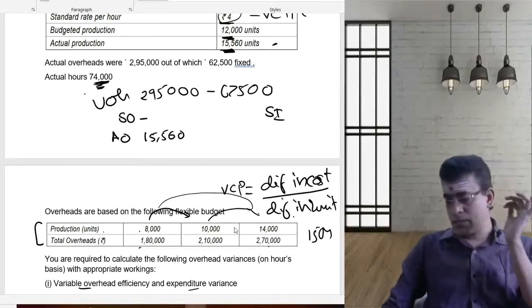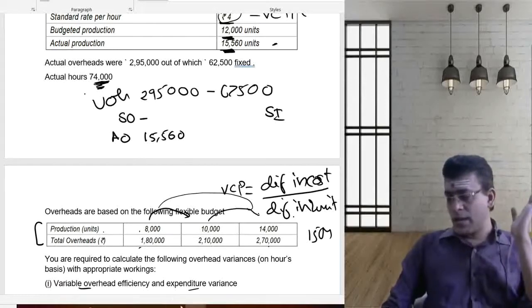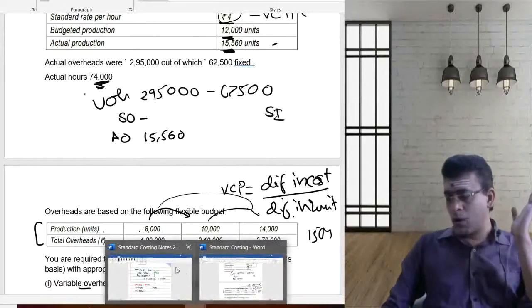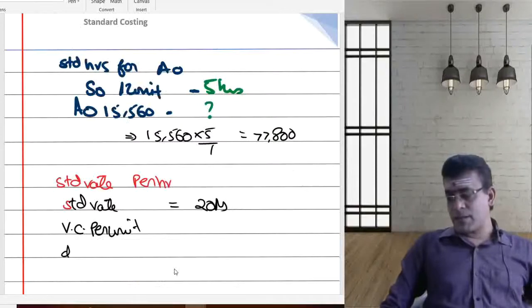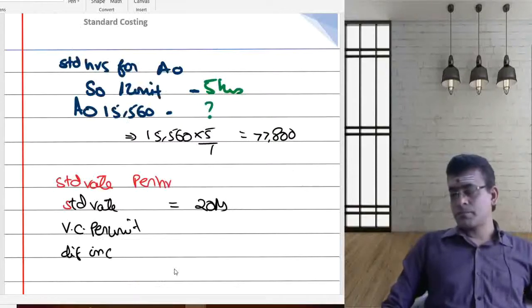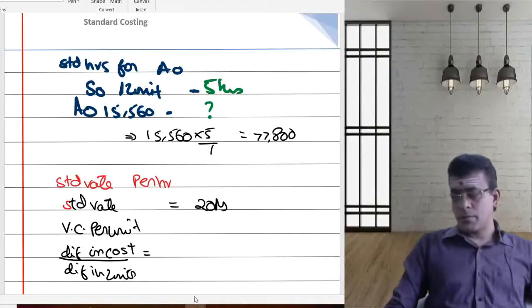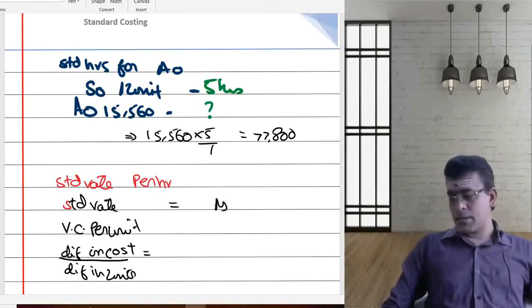So now let us take the combination 10,000 and 8,000. Now what I need to do? Difference in cost divided by difference in units. What is my cost there? Standard rate per unit is given as 20 rupees.